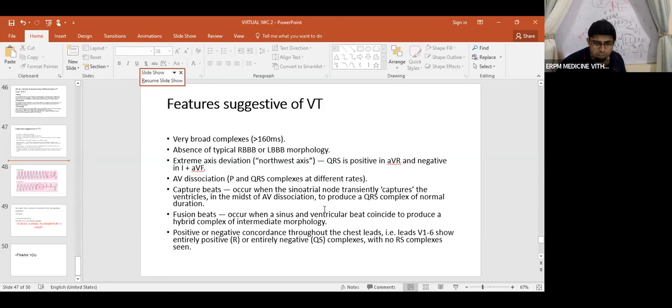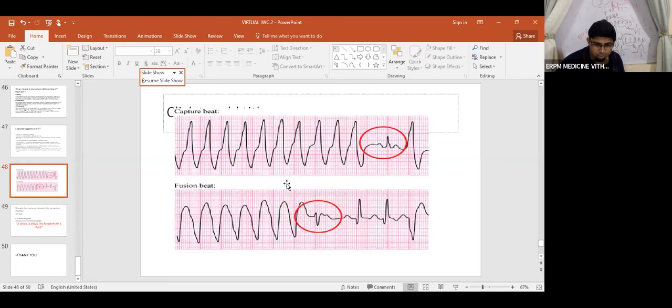One is capture beats. What is a capture beat? Look here. What is this beat, guys? These are VT beats, ventricular tachycardia beats. All these are VT beats.